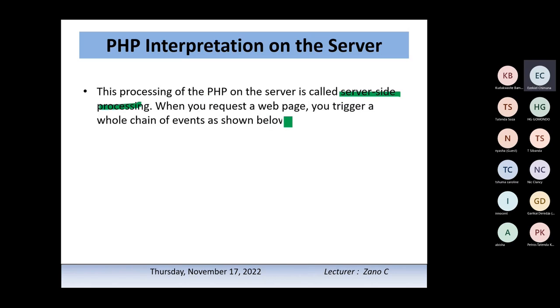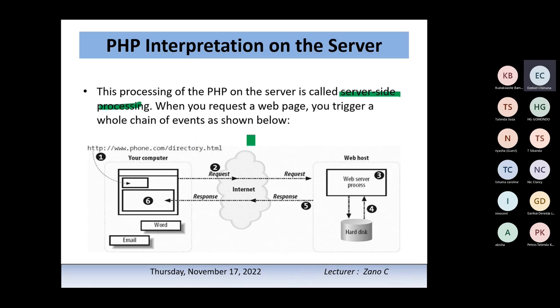When you request a web page, you trigger a whole chain of events as shown below. Maybe this is your computer, and you pass this request or URL. You want to access www.phone.com, and you want the file direct.html. So this is your computer here, right?